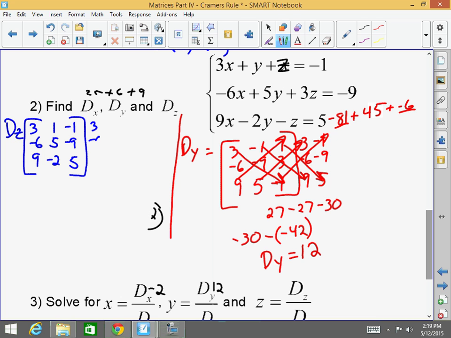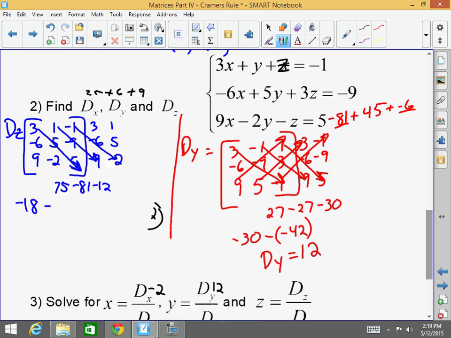Then I have 3, negative 6, 9, 1, 5, negative 2. And let's rock and roll. This is a 75 minus 81, and that's minus 12. So negative 81 minus 12 plus 75 is equal to negative 18.